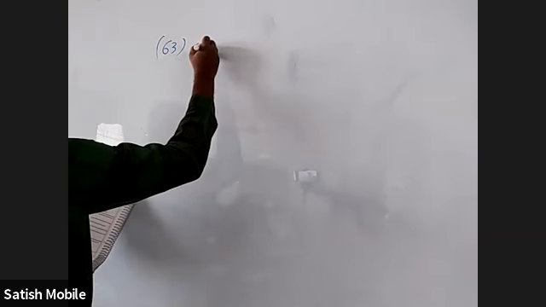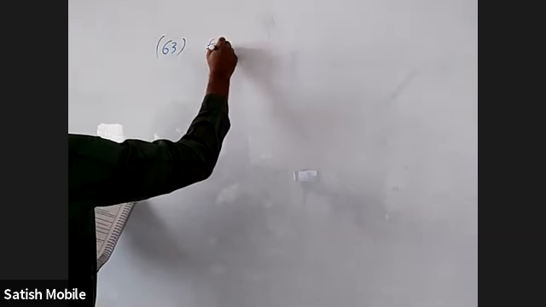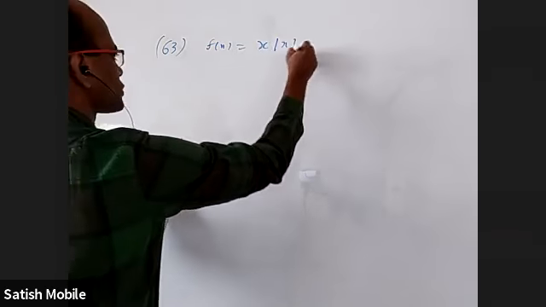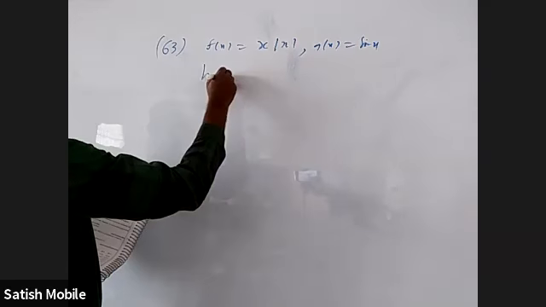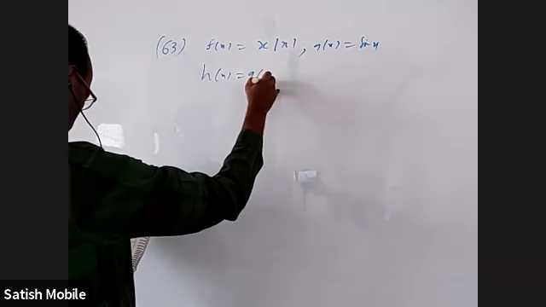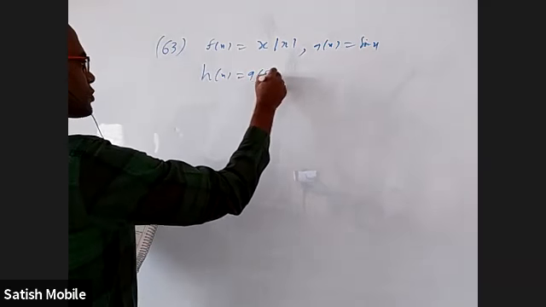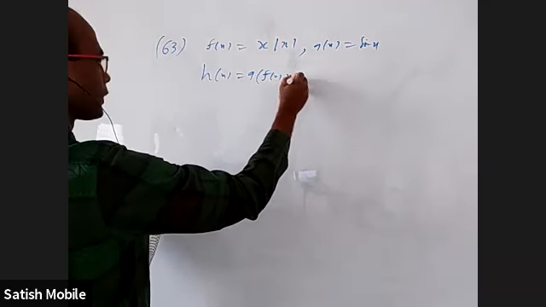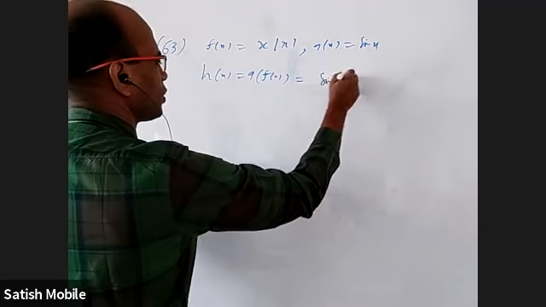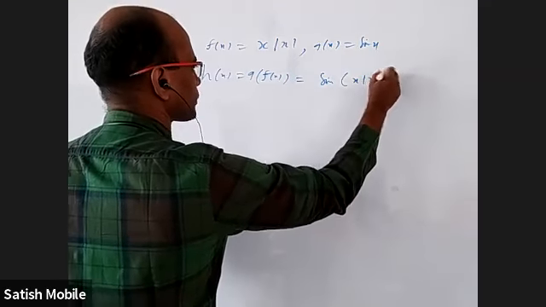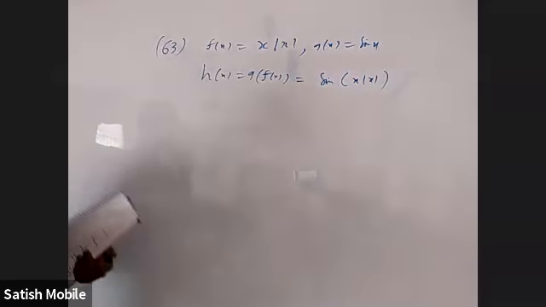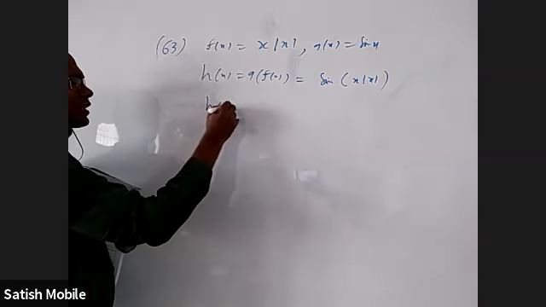Okay. Now they gave f of x is x mod x, g of x is sin x, h of x is g circle f of x, which is the sine of x mod x. I can write h of x like this.